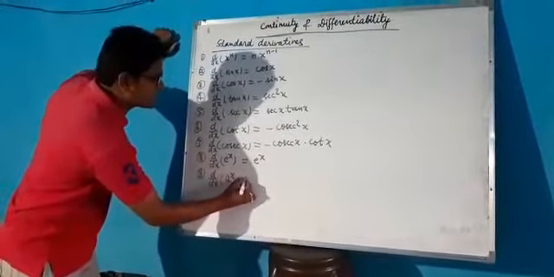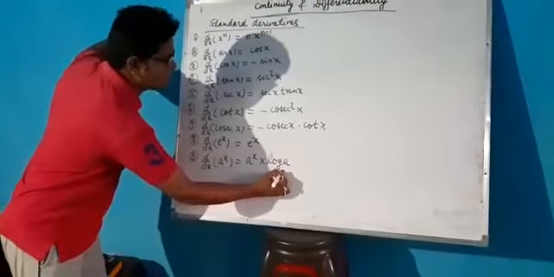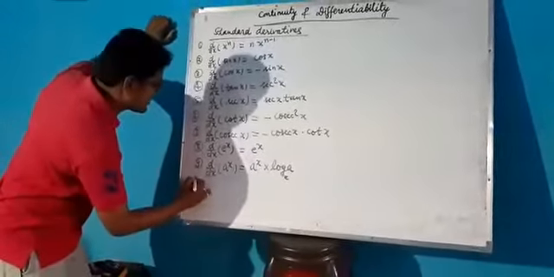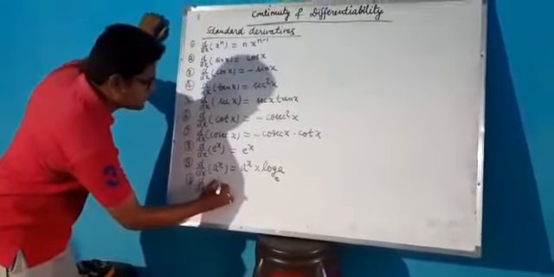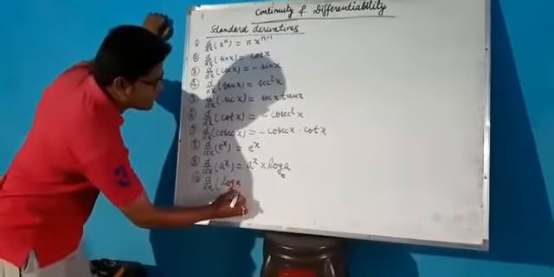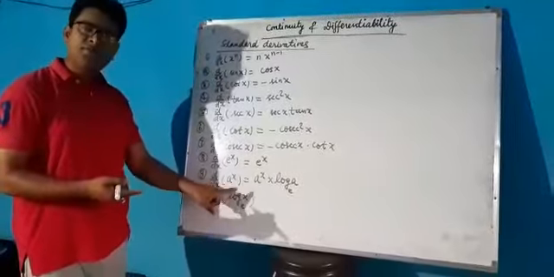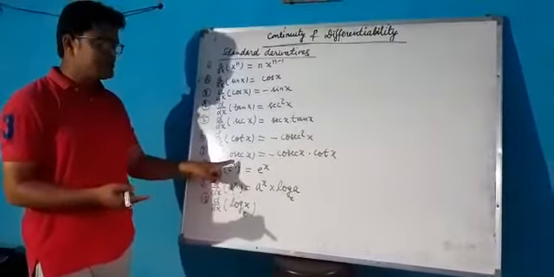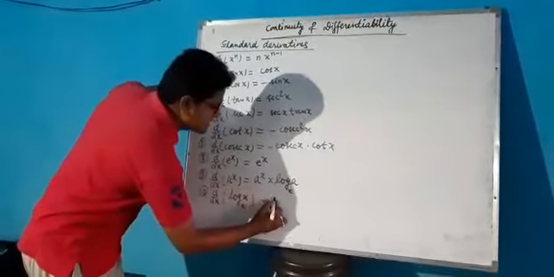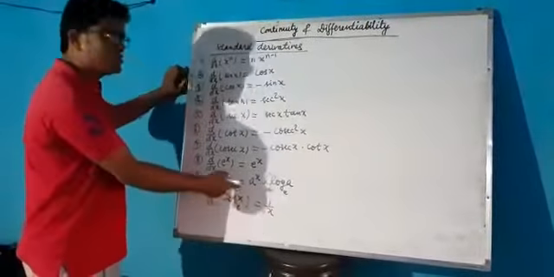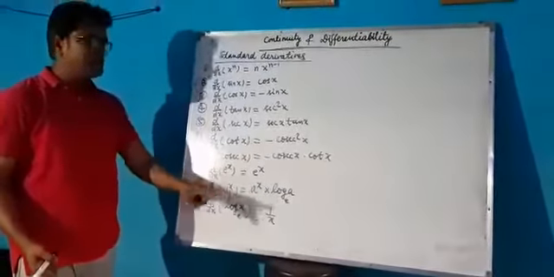Derivative of a to the power x is equal to a to the power x into log a to the base e. 10th is the derivative of the natural logarithmic function of x, that is, the logarithmic function of x with base e. Its derivative is 1 by x.